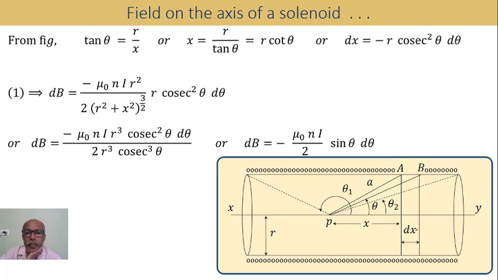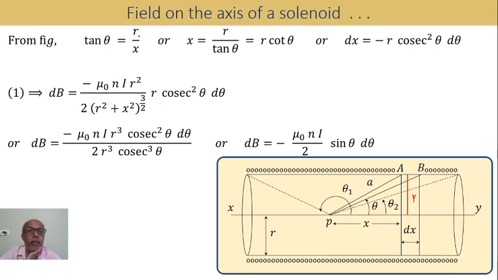From the figure, tan theta is equal to opposite by adjacent. Opposite is AB, which is nothing but equal to the radius, and adjacent is equal to x.